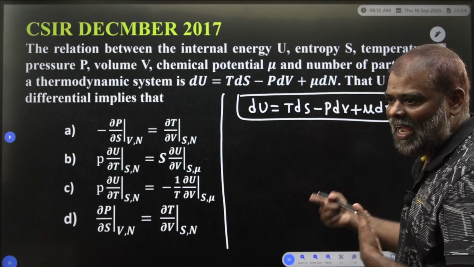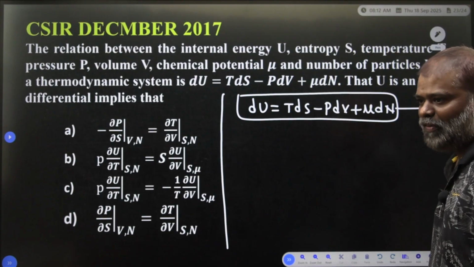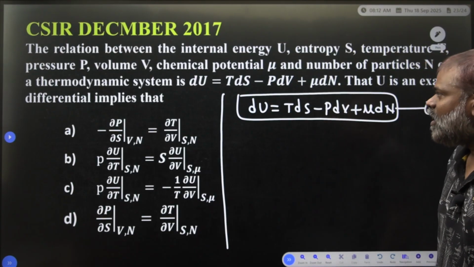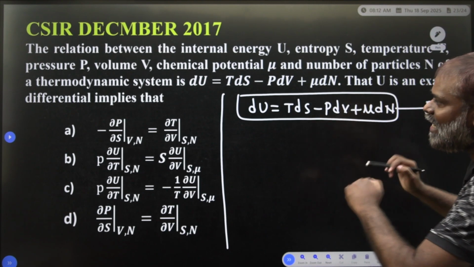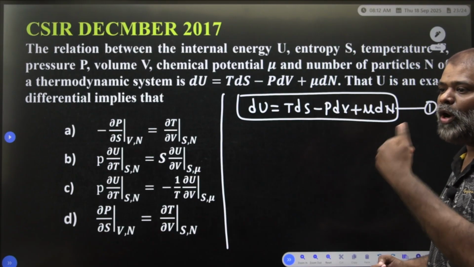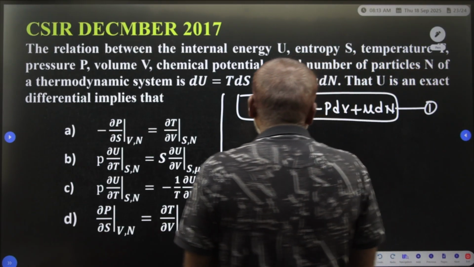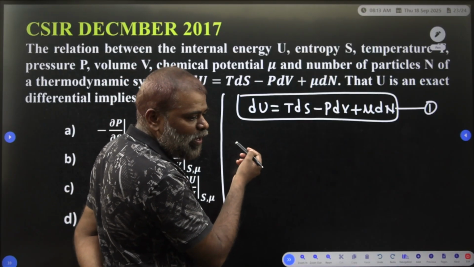Yesterday I discussed this one. This is the first thermodynamical function, internal energy. What we need to calculate: if U is an exact differential, then you are going to get thermodynamical relations.